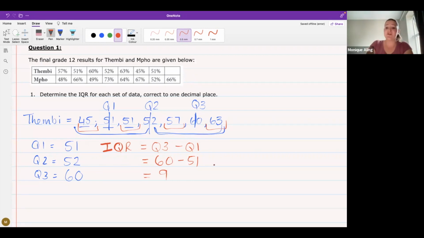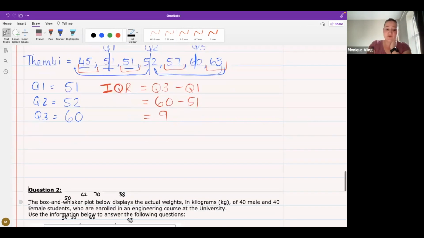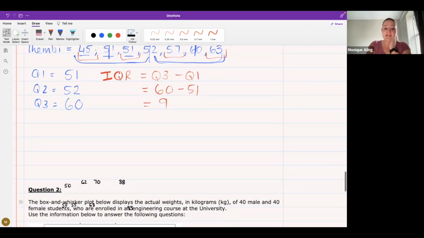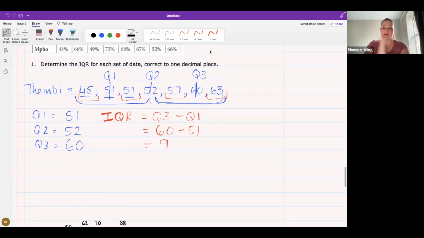My advice, if you're new to finding quartiles, take a screenshot of this so you can try it again later. Those of you that are confident, just check that you got the right answer.